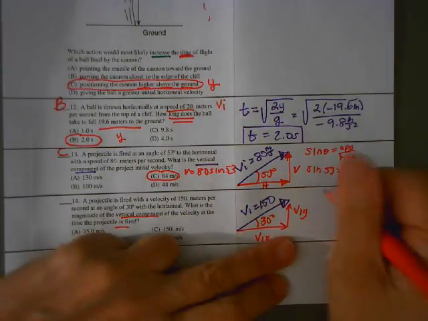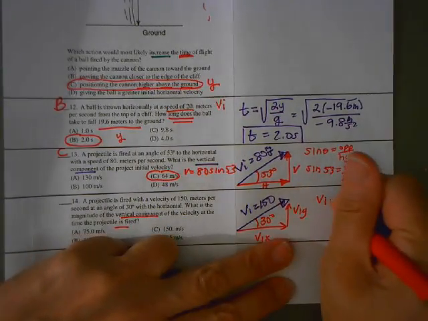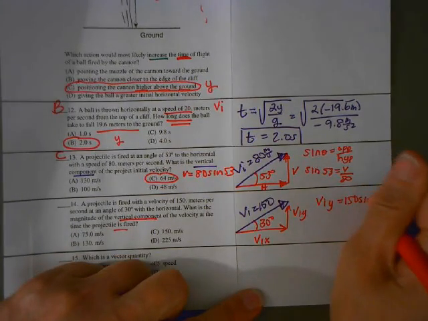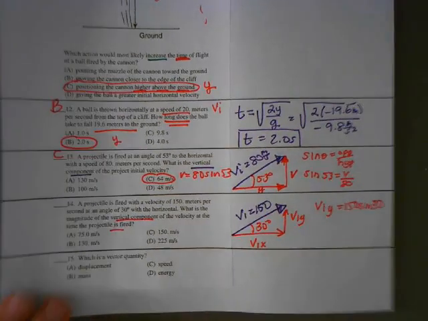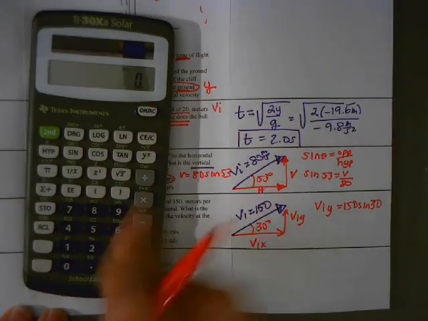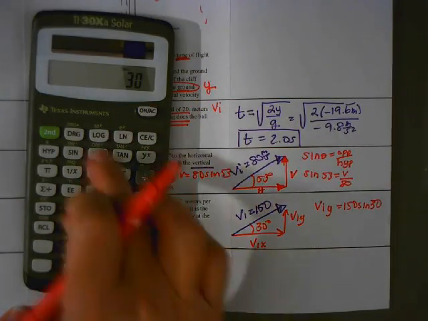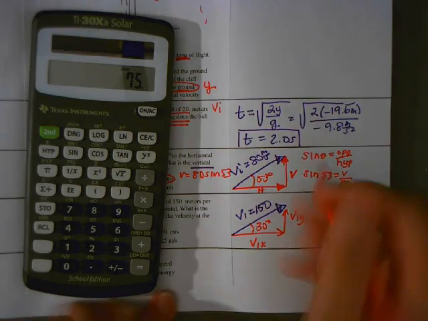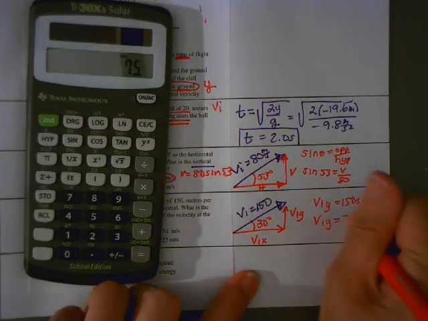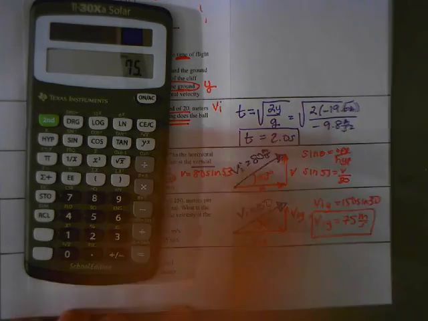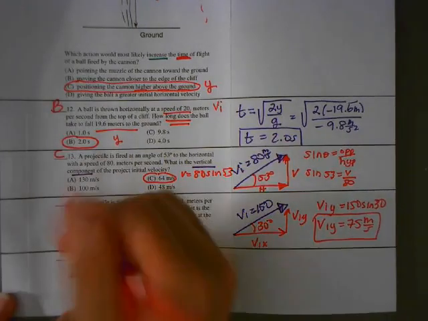Since I already did the last problem, I'm just going to say VIY is equal to 150 sine of 30. Now on my calculator, I press 30 sine, it says 0.5, times 150 equals, so it says 75. So VIY is equal to 75 meters per second. And that's right here.